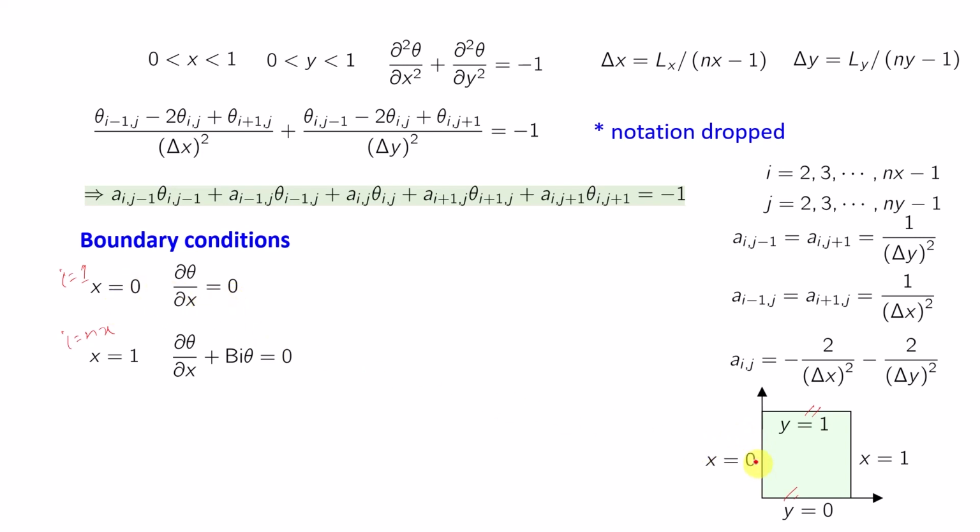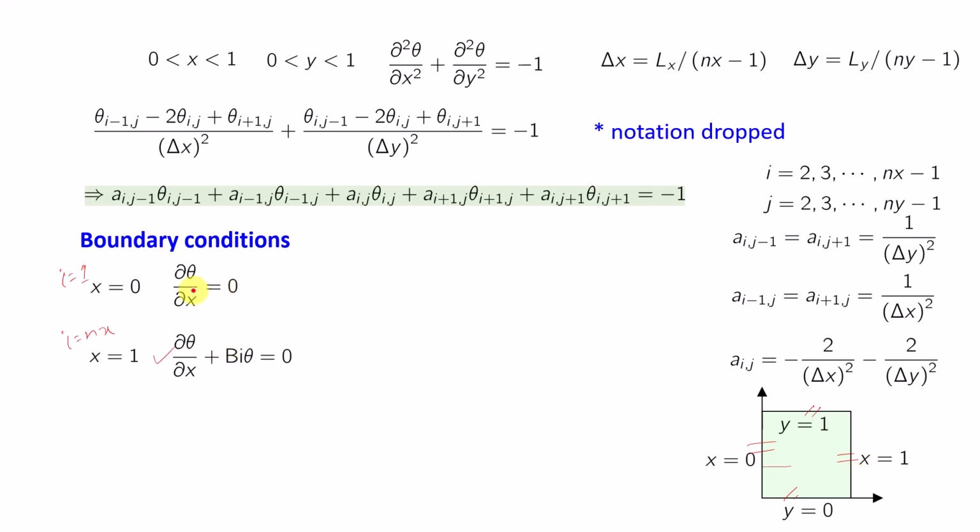At x equal to 0, this is insulated or symmetry boundary. Del theta del x is 0. That is, the gradient in this direction is 0. At x equals 1, this is Robin condition, del theta del x plus Bi theta equals 0.